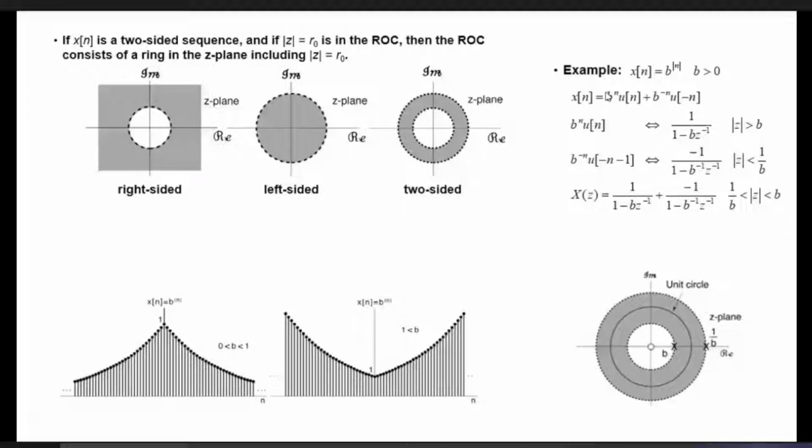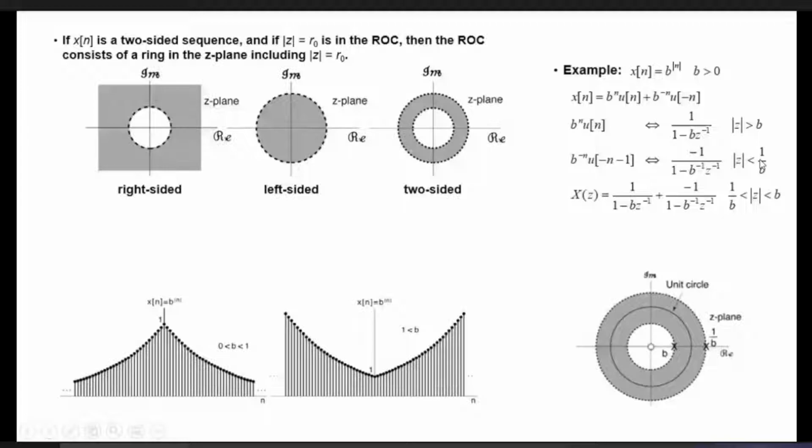The causal part is u of n and the anti-causal part is u of minus n. For the causal part, the ROC is mod z greater than b, outside a circle of radius b, that is this region. Now for the anti-causal case, mod z is inside of a circle, mod z is less than b.